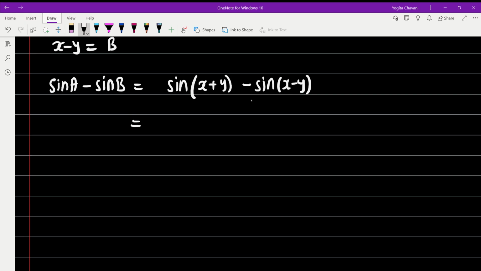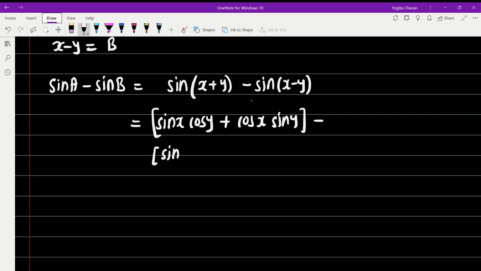Now sin(x plus y) is nothing but sin x cos y plus cos x sin y, minus, now sin(x minus y) is nothing but sin x cos y minus cos x sin y.